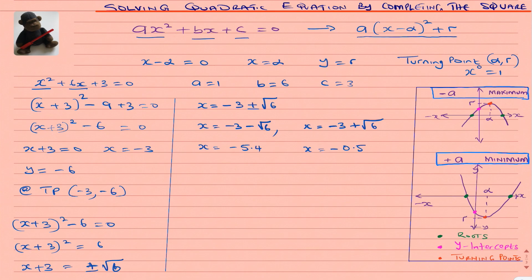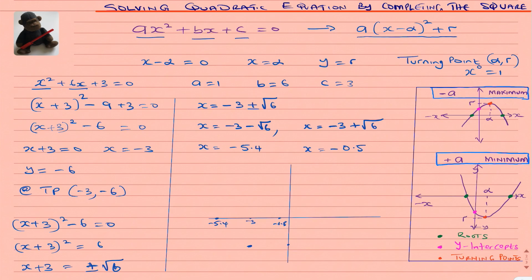Now we've got the roots. What we need to do to sketch it, in case they ask us to sketch it, is mark the points minus 5.4 and minus 0.5 on the x axis, and the turning point minus 3, minus 6, that's minus 3 there, that's minus 6, that's the point there.